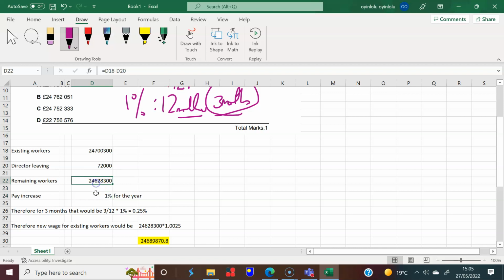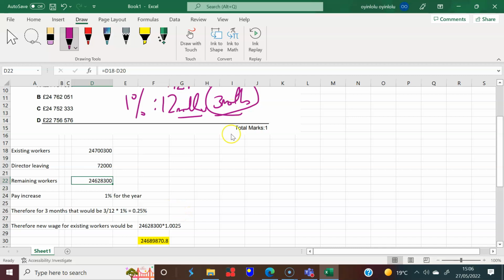Let's do them first. Their pay rise, of course, is 1% for the year, but really it is 0.25 of a percent. That's the real increase just for 3 months. So we need to increase this by 0.25 of a percent. One way of doing that is multiplying it by 1.0025, because it's 0.25 of a percent. It's not even up to 1%.